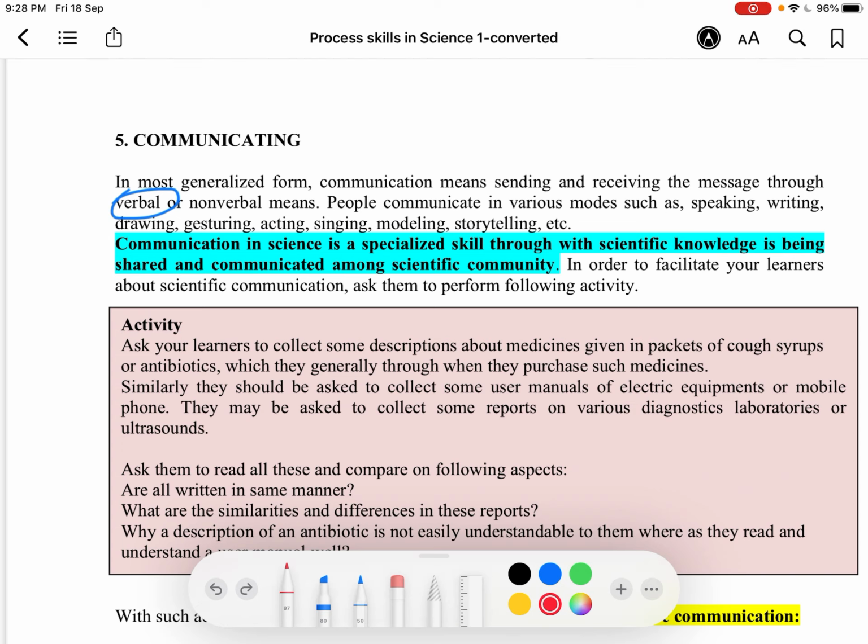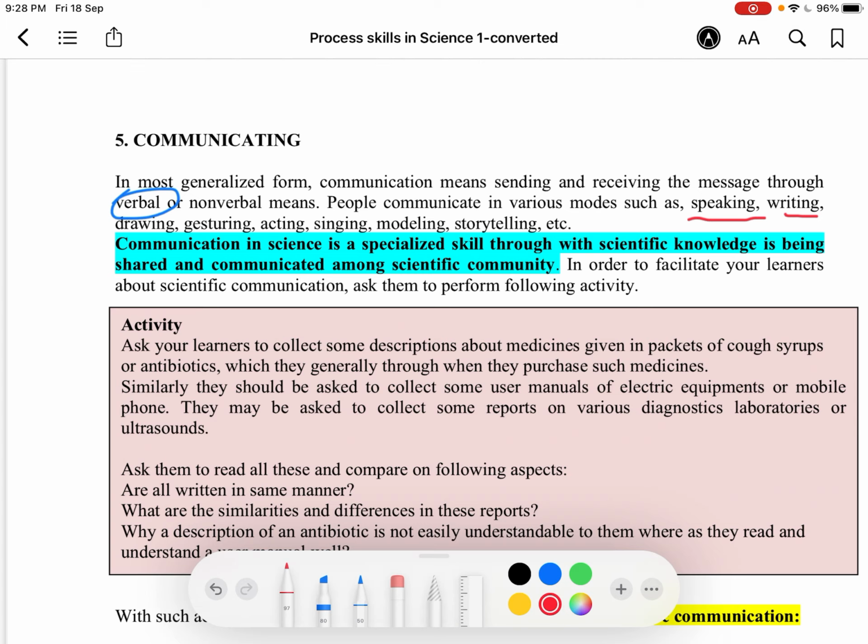And the language skills, especially speaking or writing and drawing, and then gesturing, by showing gestures, by acting, by singing, by modeling, by storytelling, etc. We can communicate the scientific facts with others.